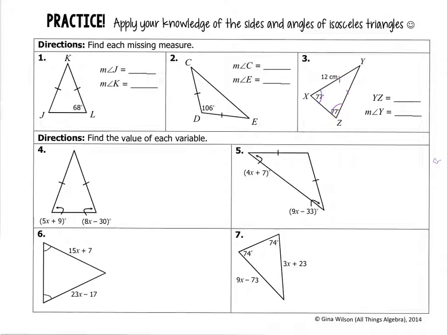If XY is 12 centimeters, YZ must be 12 centimeters. Now in order to know the angle measure of Y, I have to use 180, the interior angle sum theorem. And I should have 26 degrees if you use your calculator. Okay?